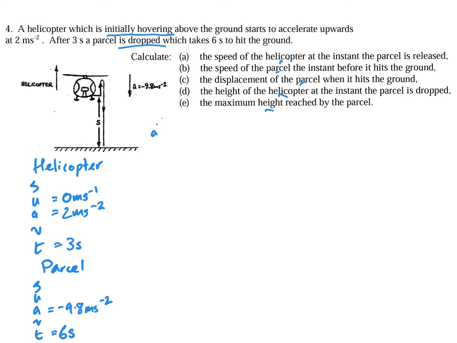So now for part A, speed of the helicopter. So I'm being asked v. So I've got u, a and t, so I can simply use v equals u plus at equals 0 plus 2 times 3.